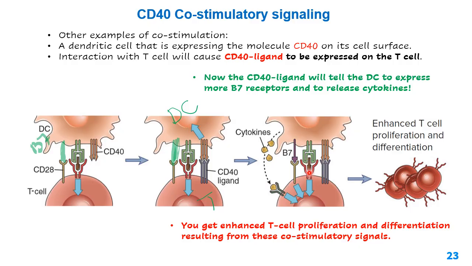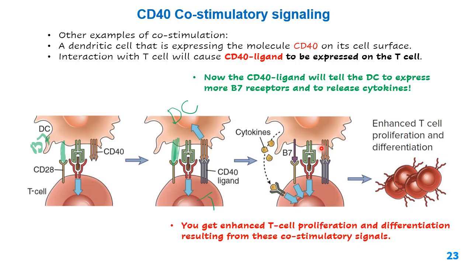So you get first signal, second signal, then upregulation of cytokines and differentiation of your T cells into effector cells. The CD40 ligand interaction also makes your dendritic cell produce specific types of cytokines.